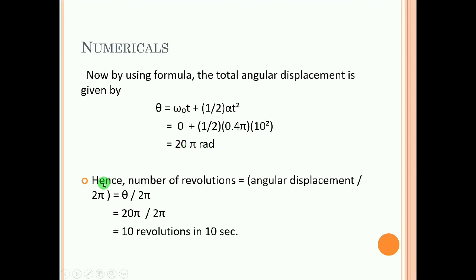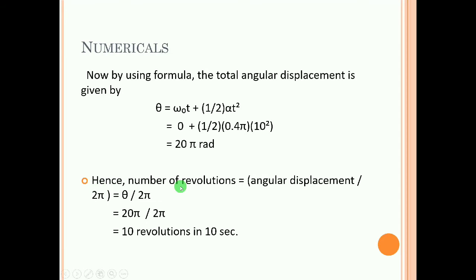Now, the relation between the number of revolutions and angular displacement: the number of revolutions equals angular displacement divided by 2 pi, because for one revolution the angle covered is always 2 pi.